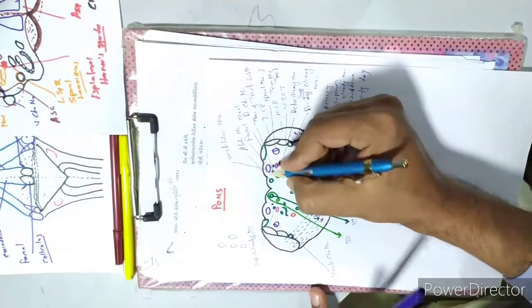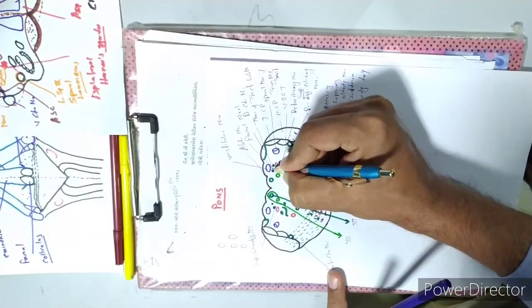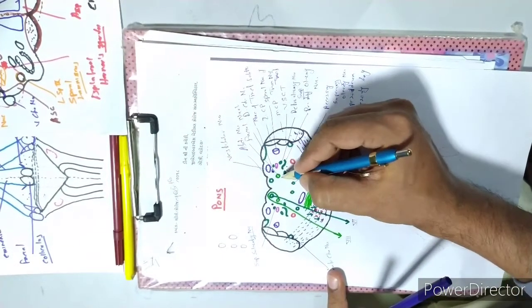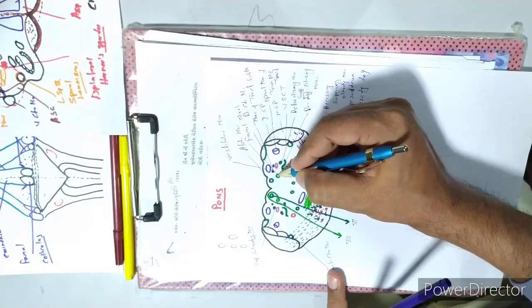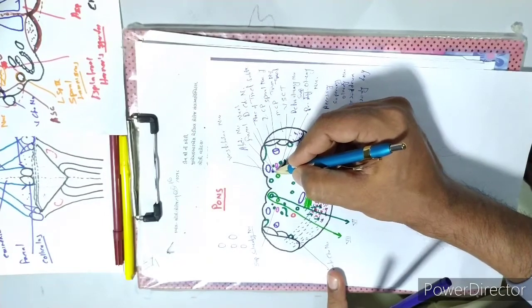This is the nucleus of tractus solitarius, dorsolateral to the facial nucleus.